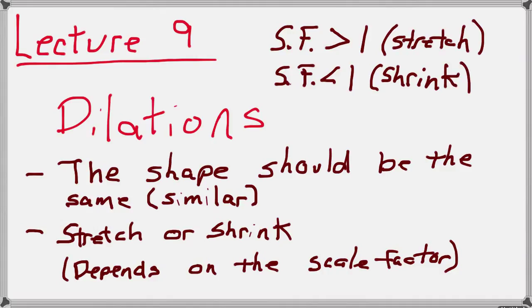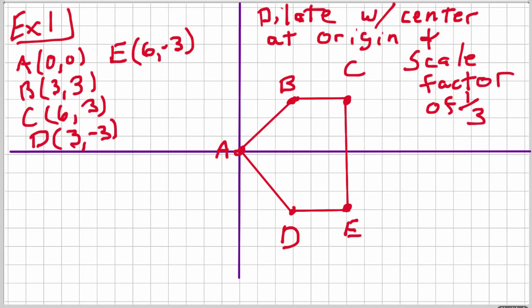Okay. We're going to take a look at an example, and what do you do with the scale factor? Like I said, all this time, it's all about moving the points. Okay, we're going to focus on the points. So let's explore this problem here.